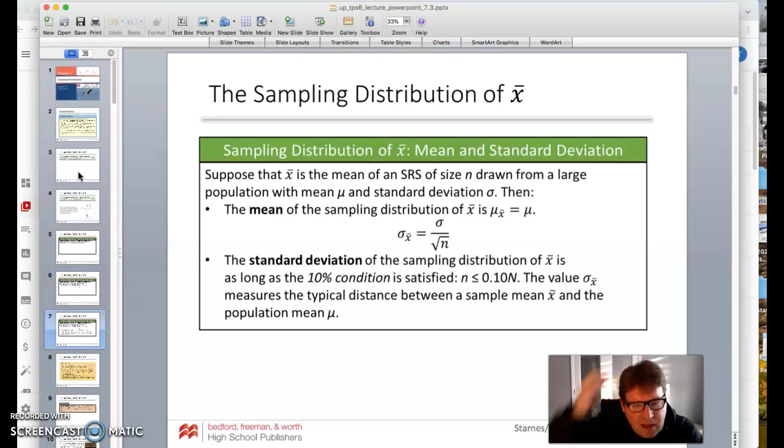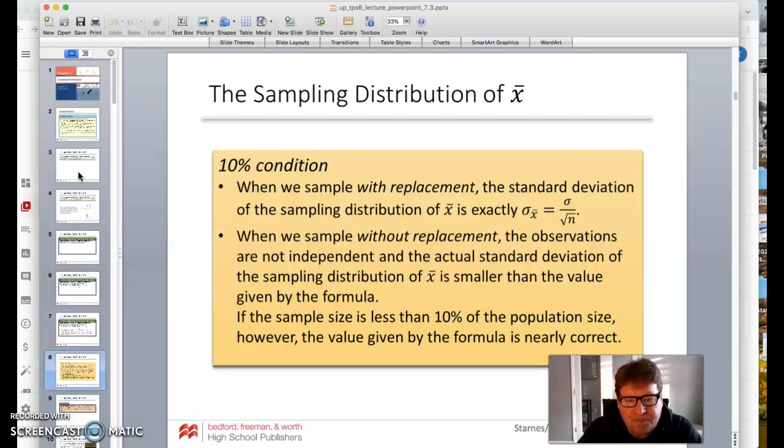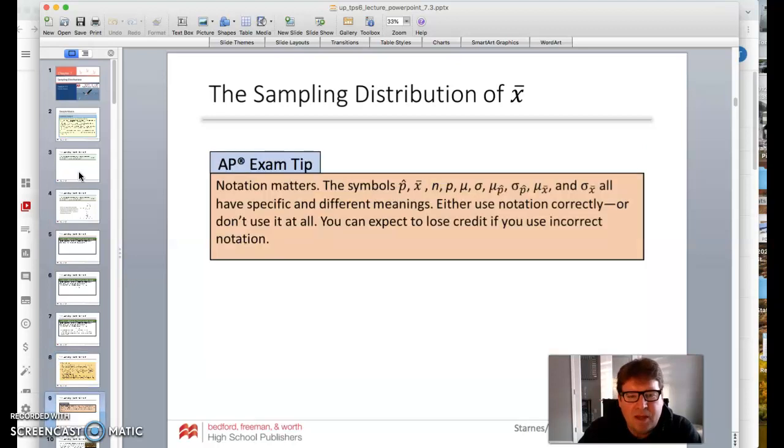Again, we're going to look at that 10% condition. We want the sample size to be less than 10% of the entire population. When we don't sample with replacement, we just have to make sure that the sample size is less than 10% of the population, and then it does make it normal. So keep that in mind.